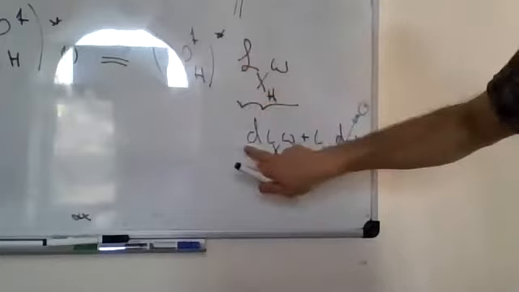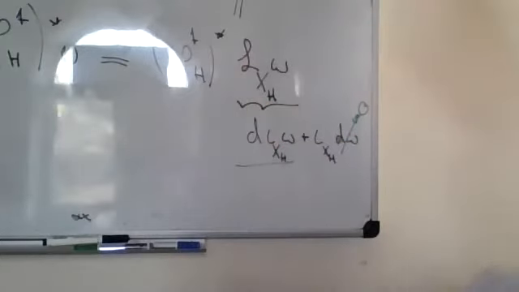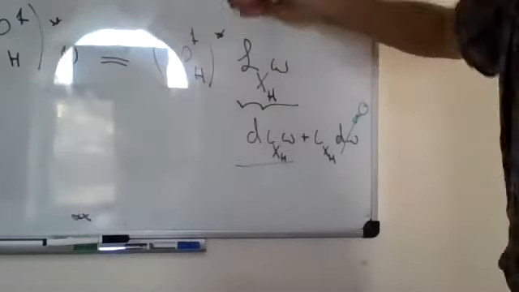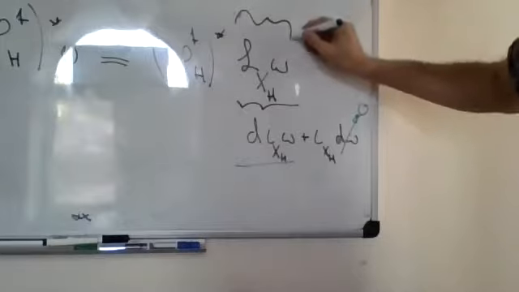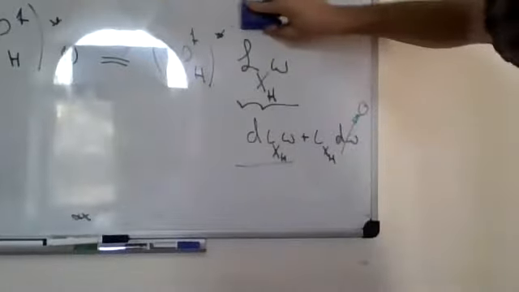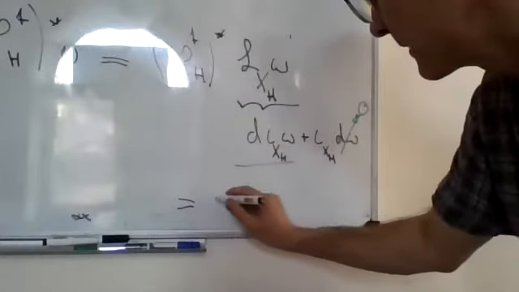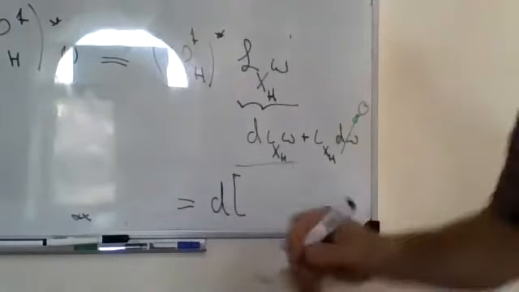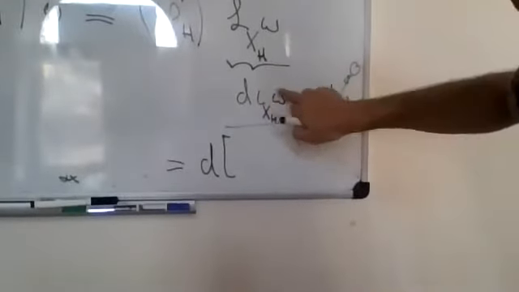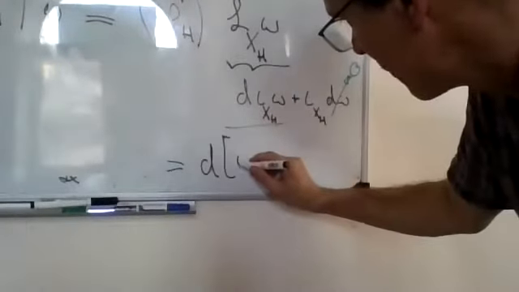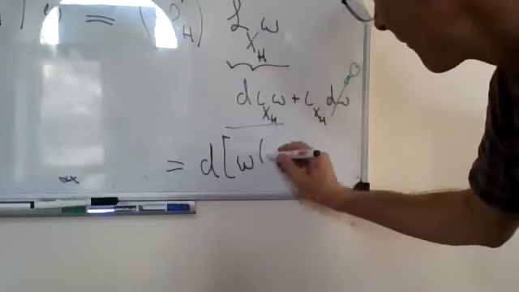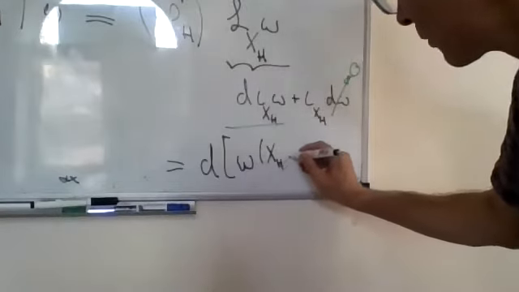So what is this? Well, it's the pullback of d of the contraction of omega. So I just go on computing this. It's d of omega of x_h comma dot.